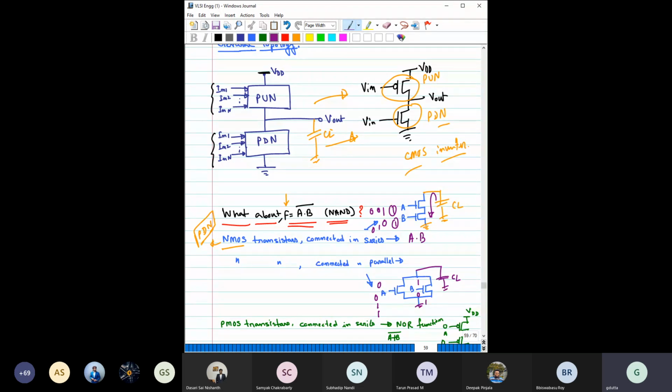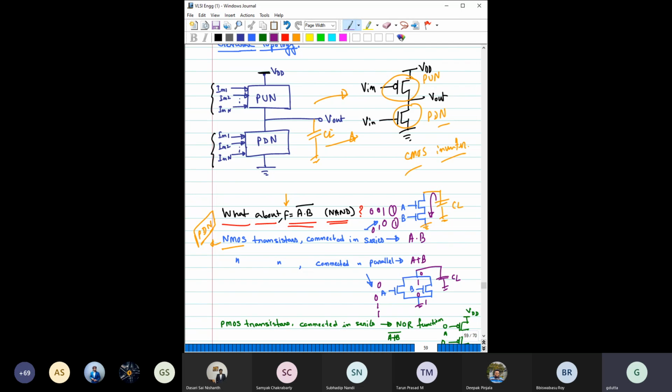If you apply 0 0, then it cannot discharge, because now both transistors are off. At least one of the transistors has to be on. So from here you can say this is basically an OR operation if you connect these two NMOS in parallel.